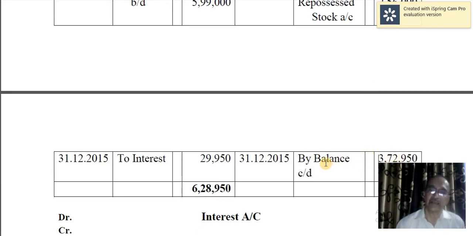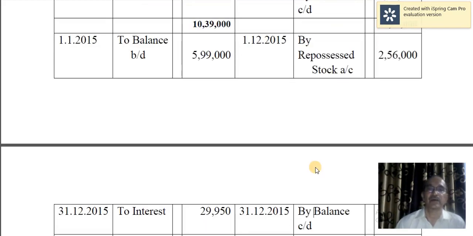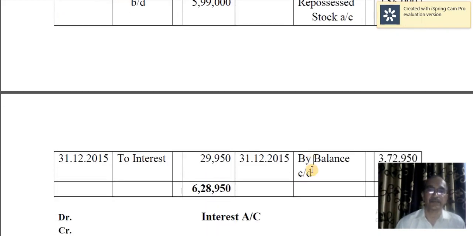This will be carried forward to next year, because in the case of partial repossession, the accounts will not be closed, because still the hire purchaser is in possession of 3 trucks. And therefore the balance is carried forward. Not 2 trucks, rather 3. Okay.